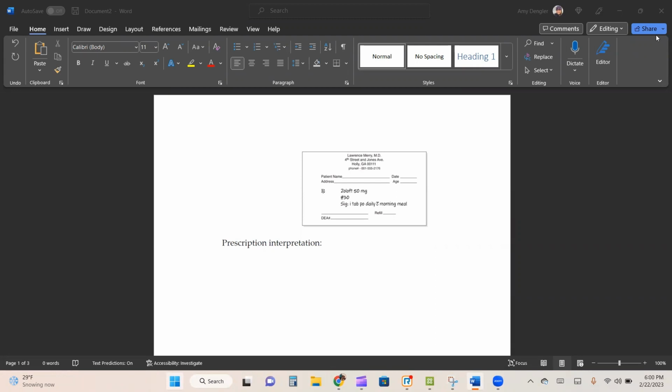Okay, so we're gonna do some examples from chapter 7. So we have the SIG: 1 tab by mouth daily. The C means with, but this is a prescription, so we're writing this for the patient.